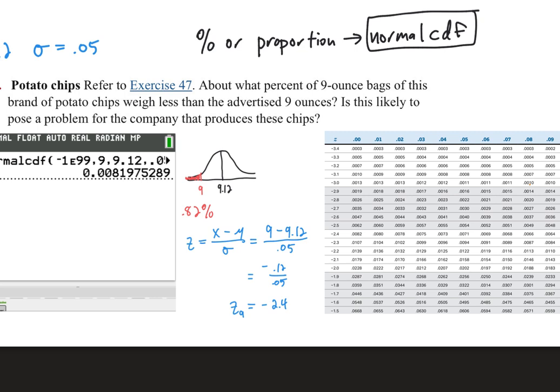So first we'll look at 2.4 as our z-score. Find 2.4 here, and it's 2.40. So really it's 2.4, so it's this value here that we're looking at.